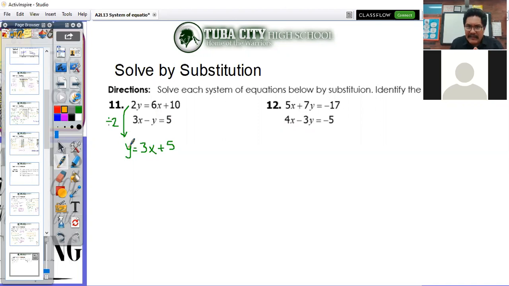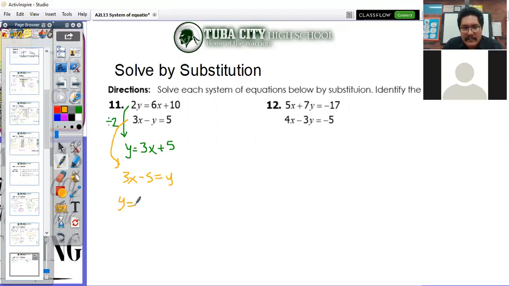So again, I'm going to forget about solving it by substitution, because in this case, I'm suspicious to think that they will both be the same line. So again, I think in this case, it'd be best to put both of them into slope-intercept form. So what I'm going to do is I'm going to take 3x and minus 5 and add y.